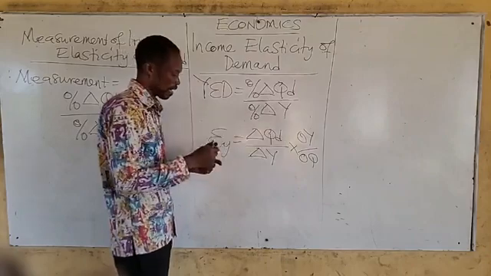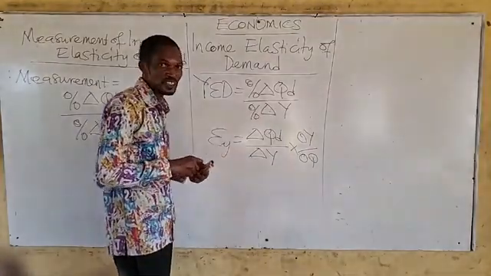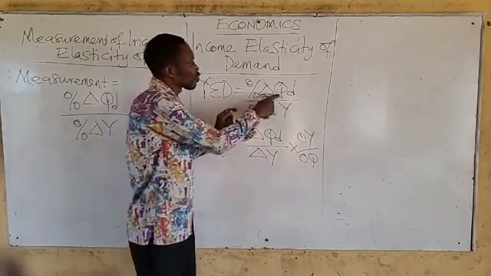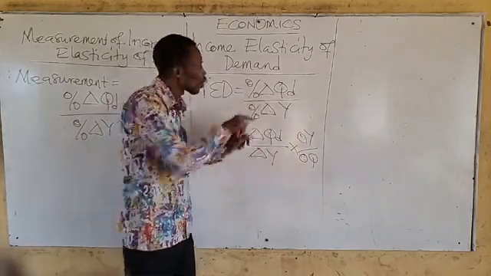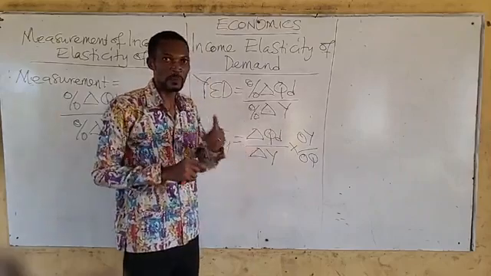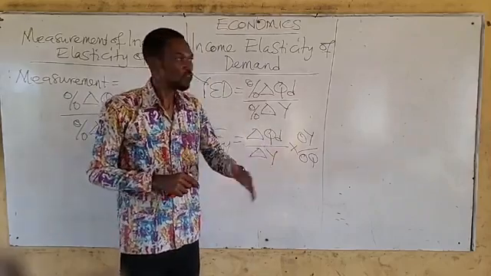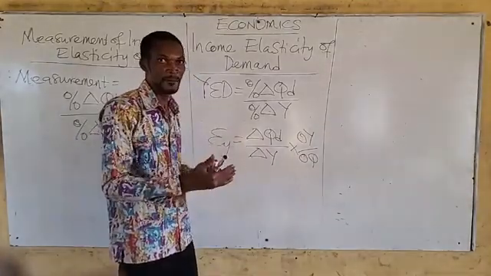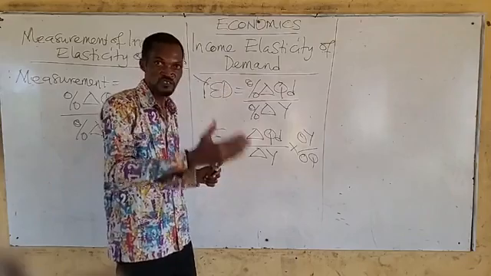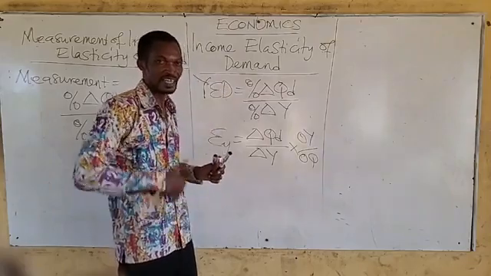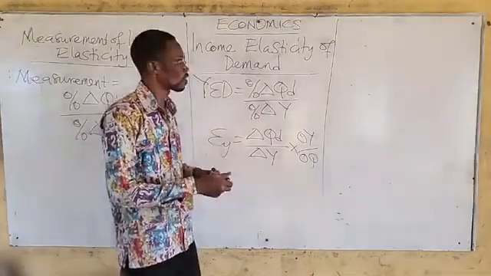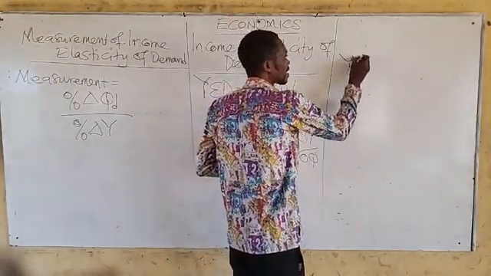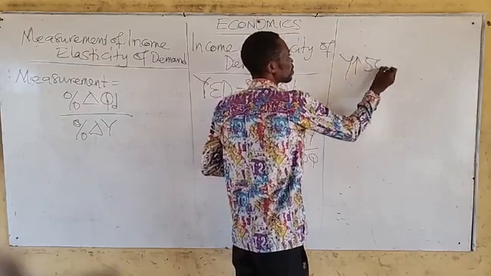When you see this formula, it is telling you a very simple thing. It is telling you the extent to which quantity demanded will change when the income of the buyer of that particular commodity changes. For instance, somebody's income, which is Y, increases by 50%.